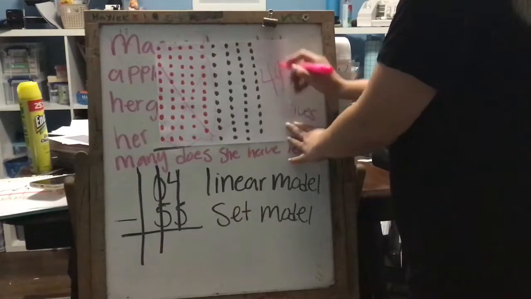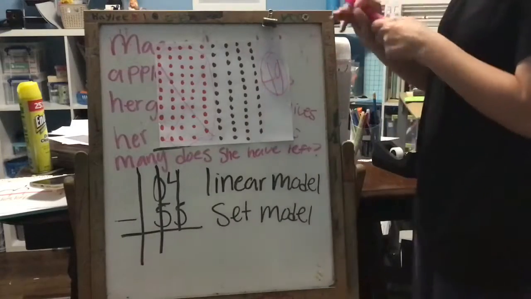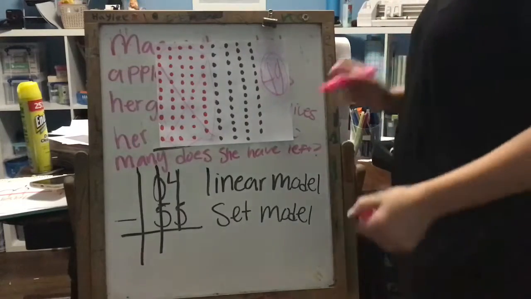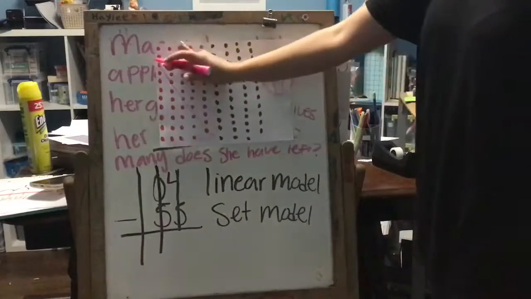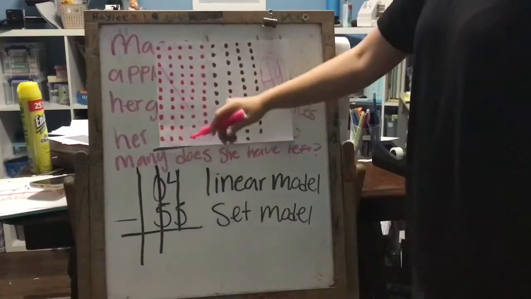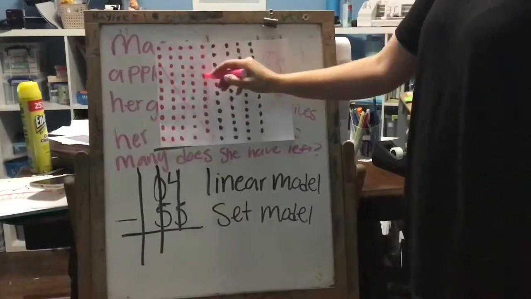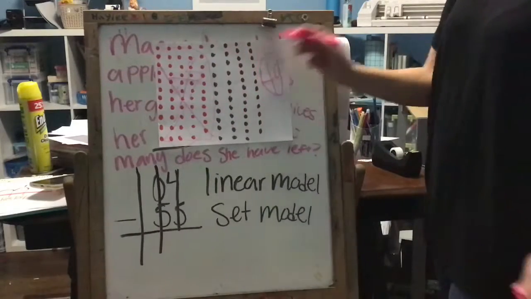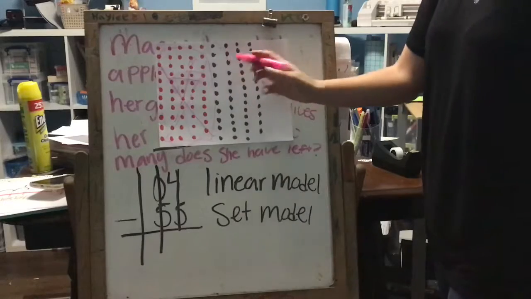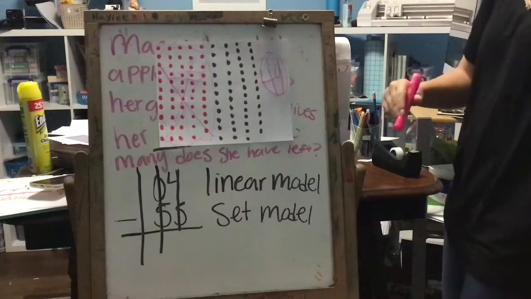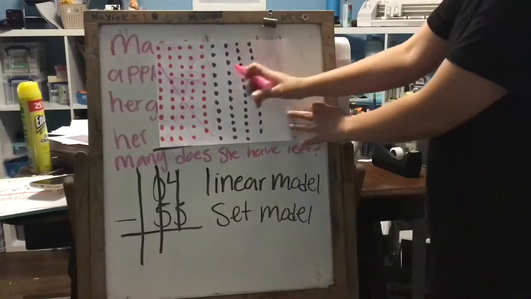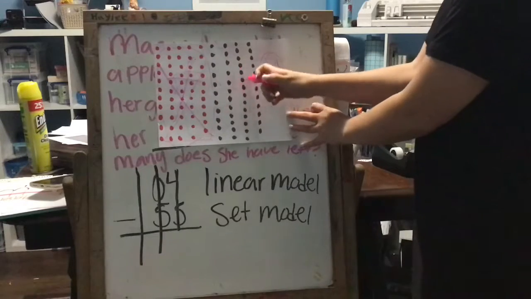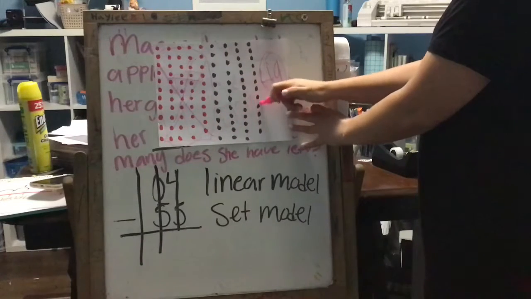Yep, 49 is correct. So what I'm showing here is 104 total minus 55. So we took out 55 and we have 49 apples left. So Maggie has 49 apples left. This is what we call our set model.